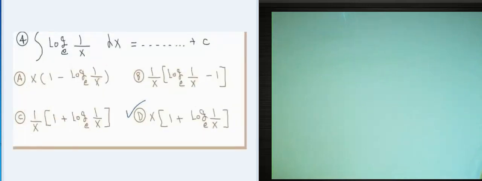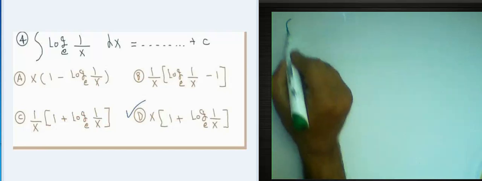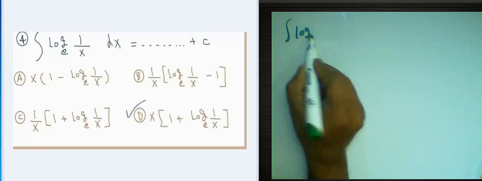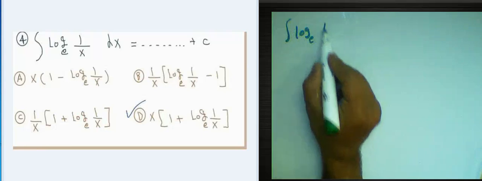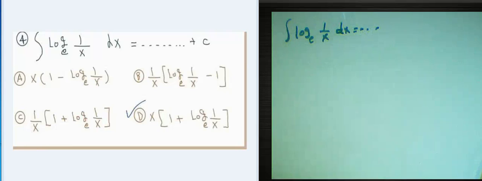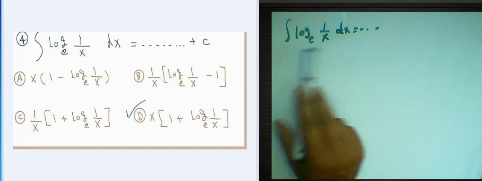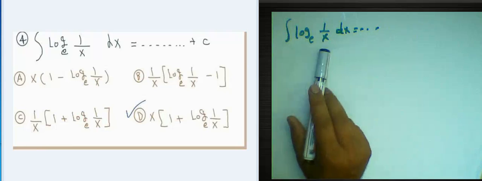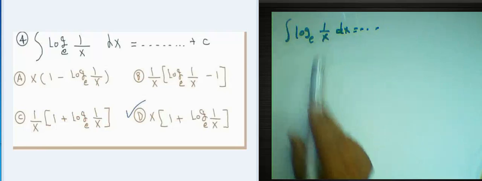Question number 4. Integration of logarithm to the base e of 1 over x dx equals space. We can use integration of the multiplication of two functions. We know 1 over x means x to the power negative 1.